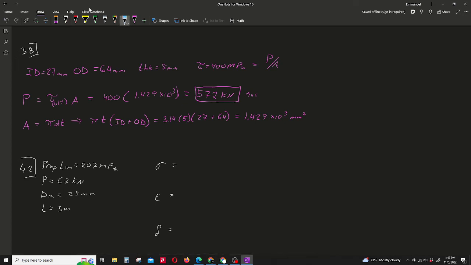And so therefore we have, well, first thing that we know we also need is our area for our stress. Area is going to be 491 millimeters squared.